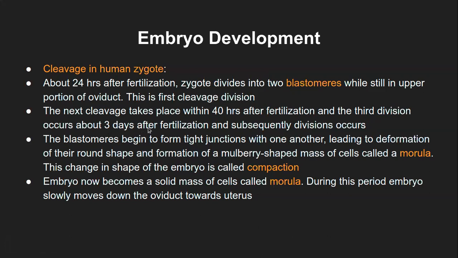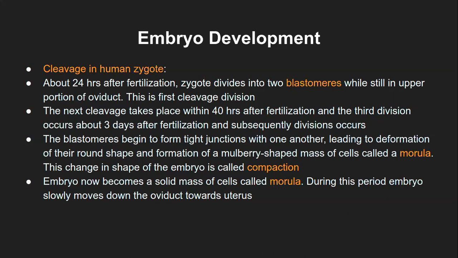So blastomeres begin to form tight junctions. Tight junctions are nothing but, between two individual cells, because of the proteins present on the surface of the cell membrane, they are attached together very tightly.